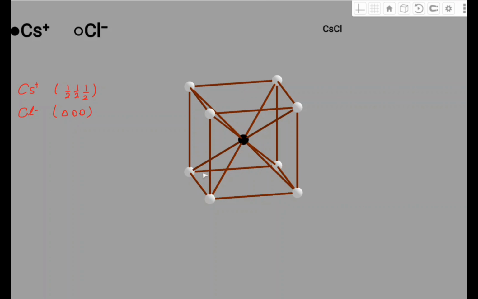So let's take this one here, the chloride at 0, 0, 0, and this one here at half, half, half.